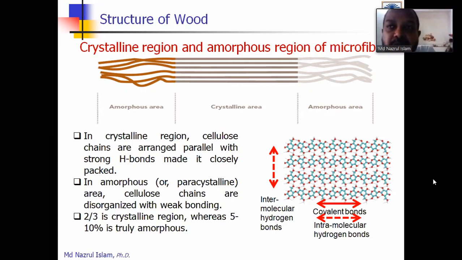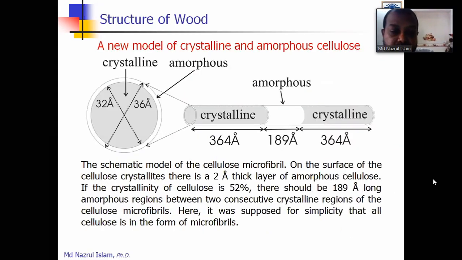Because of those irregularities the bonds are weaker, and because of that weaker bonding, it has the affinity to water, so it absorbs water. Remember that there might be a question in the final exam like that: why does the amorphous region have the affinity to water but the crystalline region doesn't?